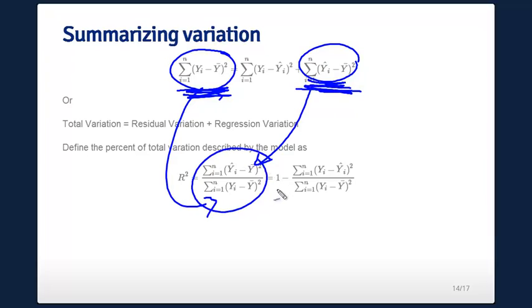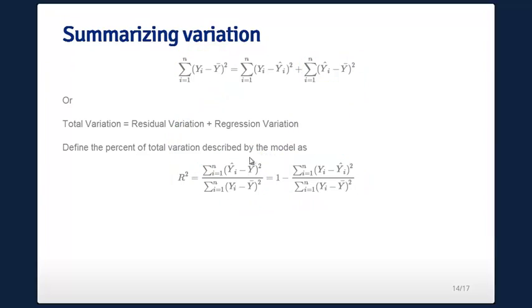Or equivalently, we could describe it as 1 minus the percent of the total variation that's left over, right? This guy right here would be the percent of the total variation that's just expressed in the residual variation, okay? And so the percent of the total variation that's explained by the model is described as r squared.